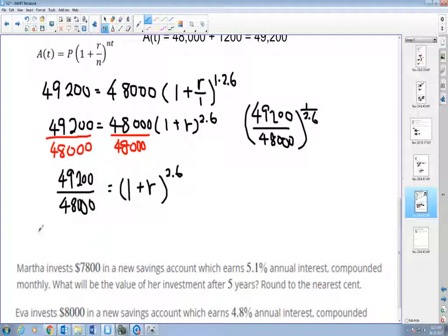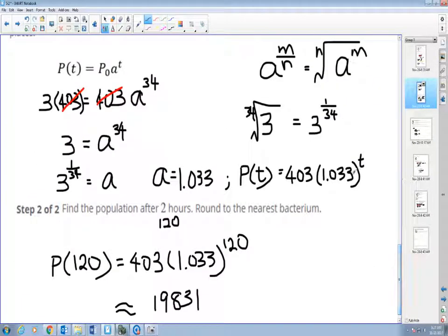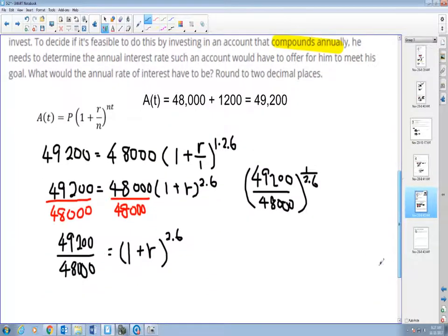Rather than taking a 2.6 root, I can rewrite my radical as a fraction exponent. I think we've done that one time with the bacteria problem. Same idea. So that gives me just 1 plus r, because the 2.6 root will cancel out the exponent.